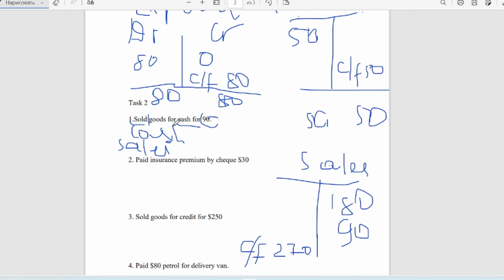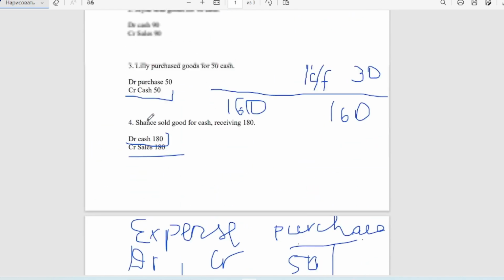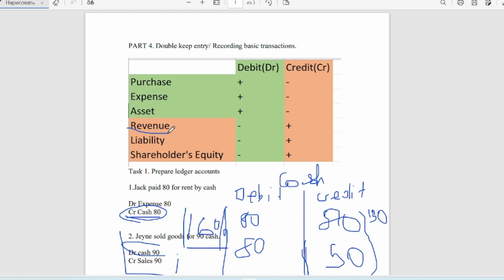But which one is credit and debit? Cash is being increased, that's why it is debit, and sales is also being increased, but it is credit. Why? Because on revenue, when there is increase, it should be credit.